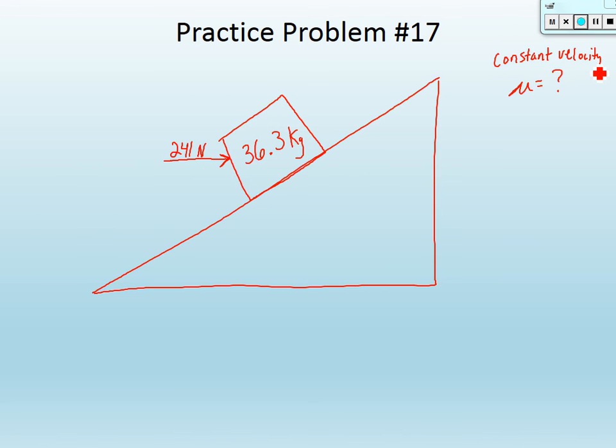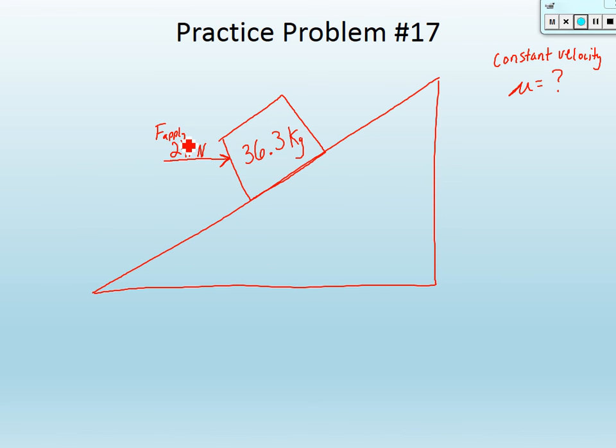So what I would like to do is give you some time to try and solve this on your own. You're going to have to draw your triangle here, but you're also going to have another triangle here. So think about that. You're going to have your triangle that we've been drawing all day, but you're going to have another triangle here, because this is force applied.